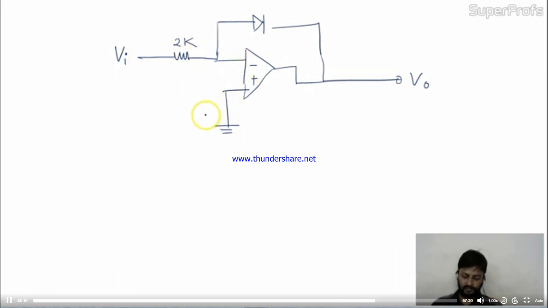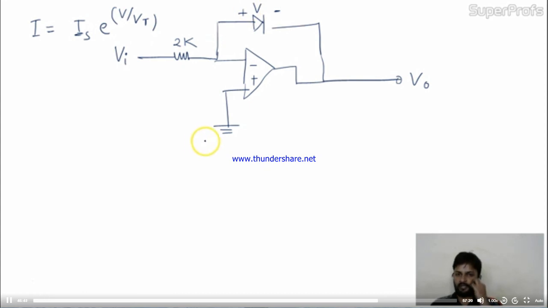Everything is like this. Now the question is, in the op-amp amplifier circuit shown, assume that the diode current follows the equation I equal to Is e to the power V by Vt, where V is the voltage across the diode.